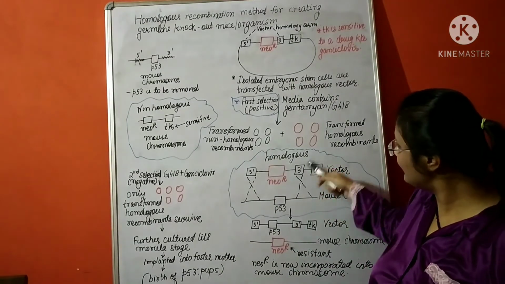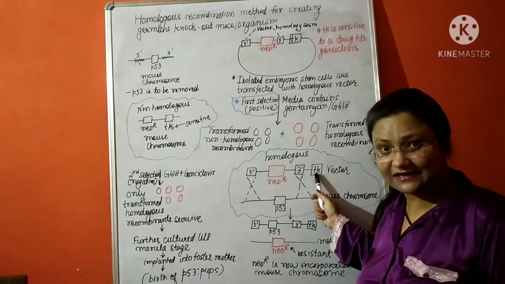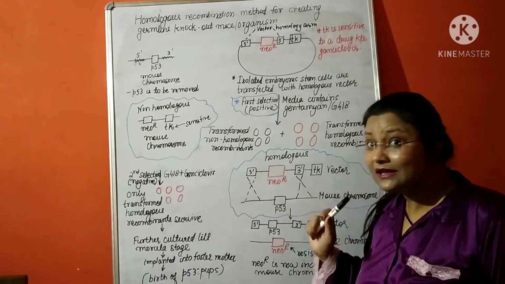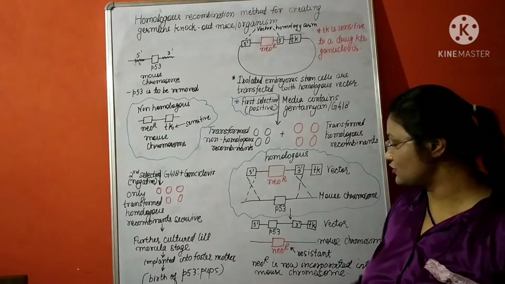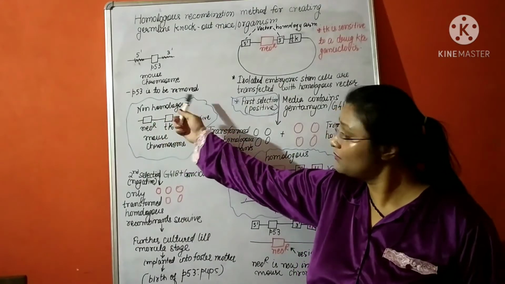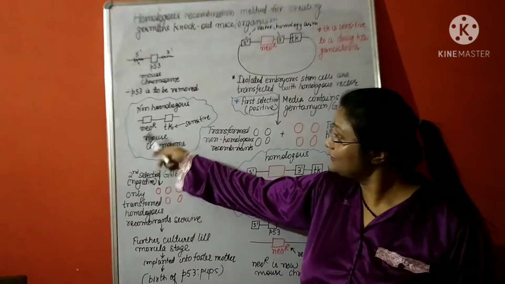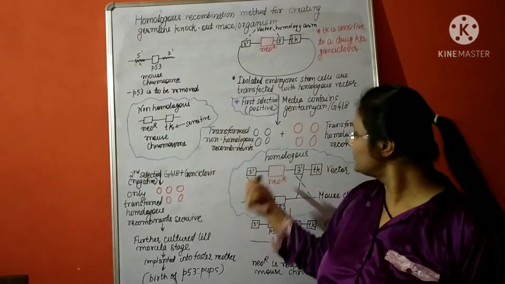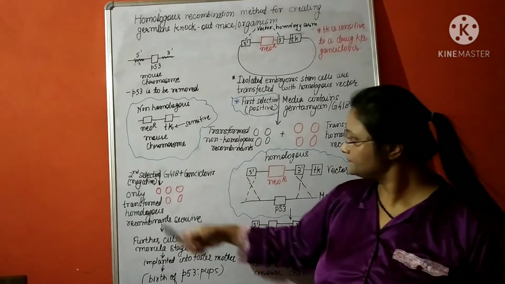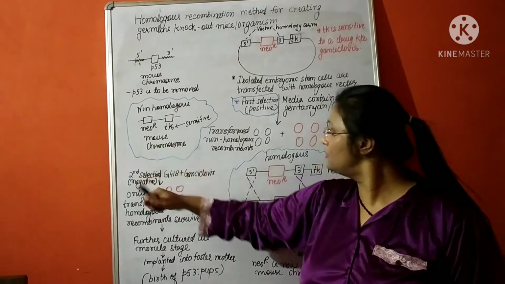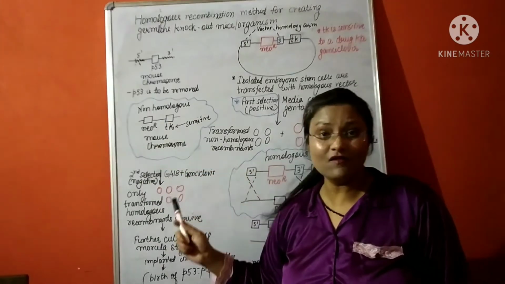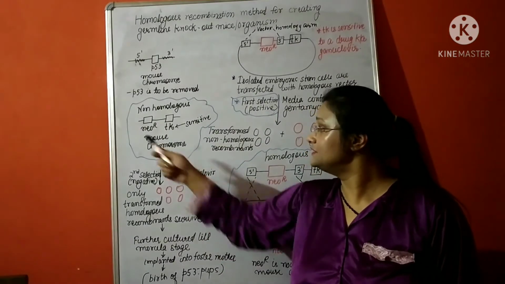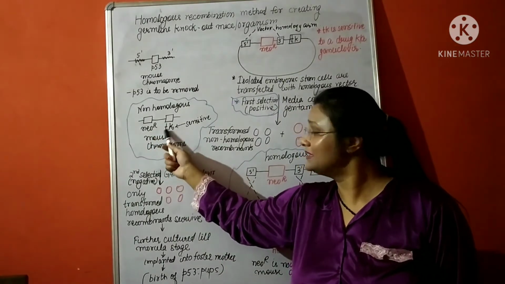The thymidine kinase gene is still in the vector, so it has not been incorporated in the mouse chromosome. But in non-homologous recombinant cells, both genes get incorporated just anywhere. So non-homologous recombinant cells have both genes, the neomycin resistant gene and the thymidine kinase gene.